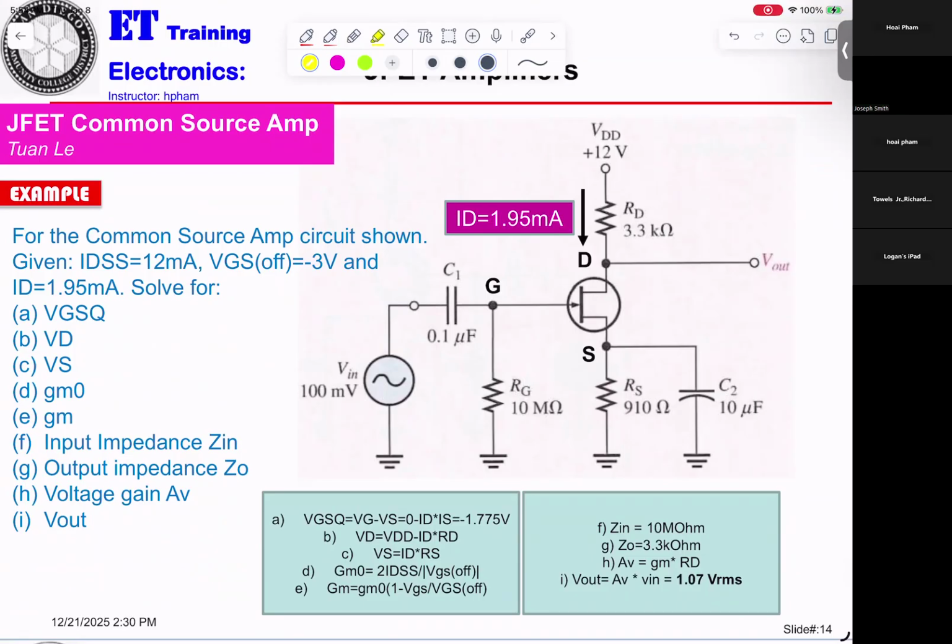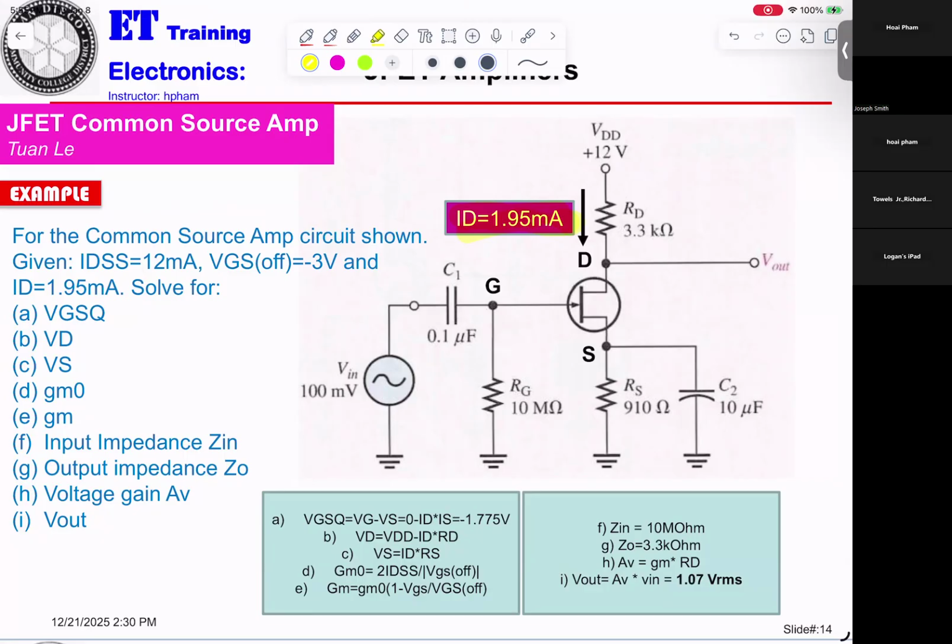Okay, let's see the difference. And I'm telling you, this is also self bias. Self bias, the graph is not given to you, that's why they give you ID, 1.95 milliamp.